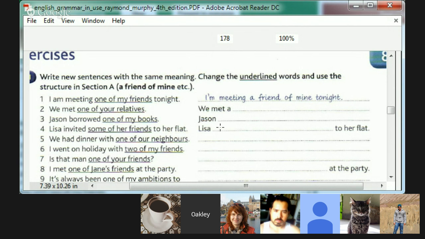Lisa invited some friends of hers. You don't have to get rid of the quantifier. Lisa invited some friends of hers to her flat. Although that has her too much in the sentence. It's a little strange example, but you got it.